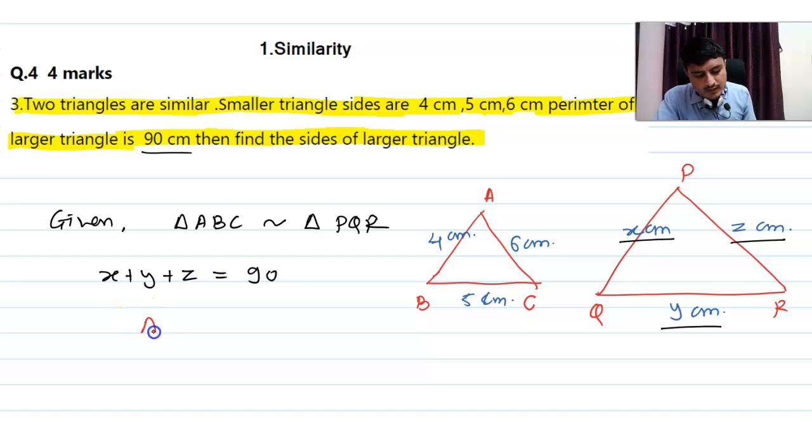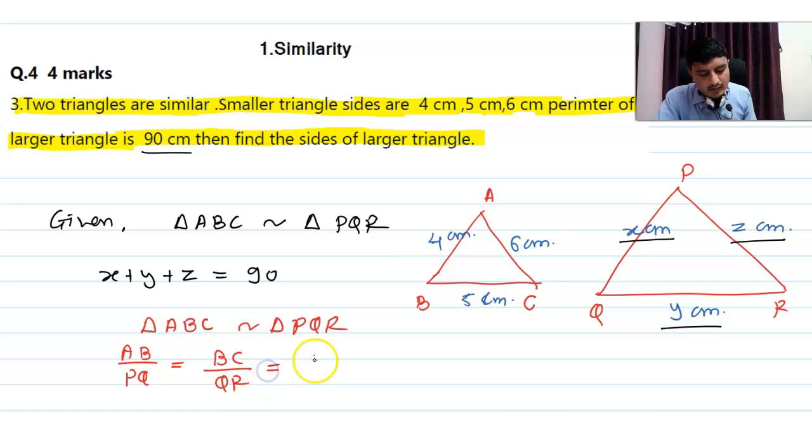Now triangle ABC is similar to triangle PQR, and once triangles are similar, their corresponding sides are in equal proportion. That means we can write AB divided by PQ equals BC divided by QR equals AC divided by PR.